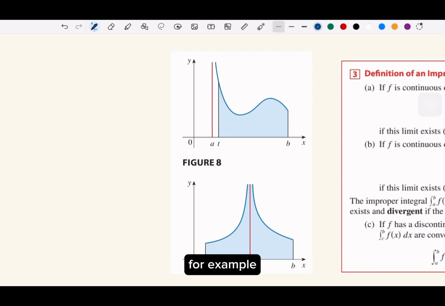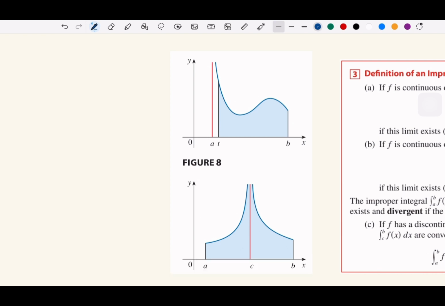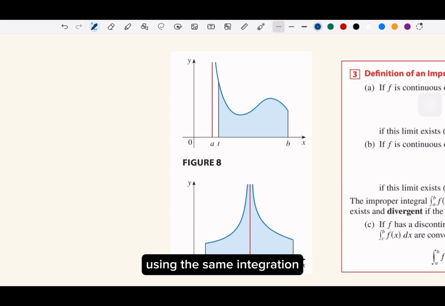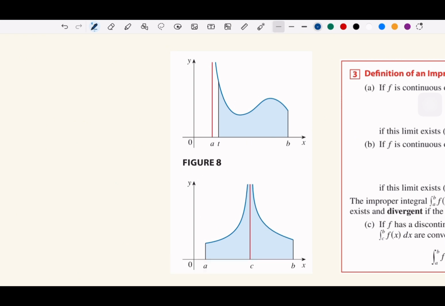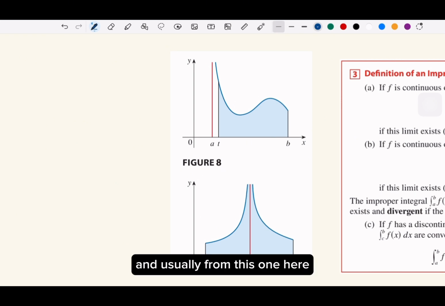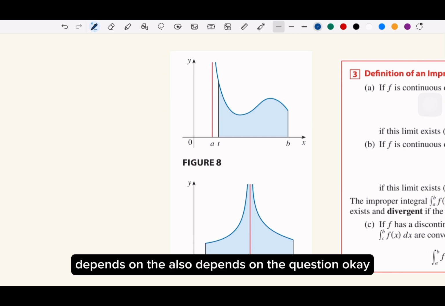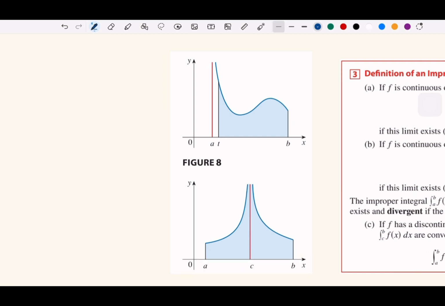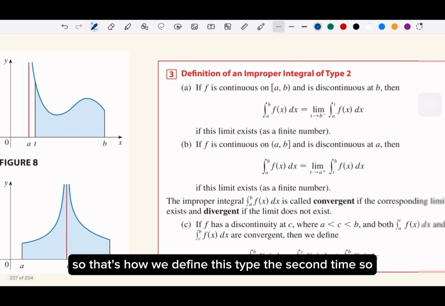For example, here we can take the limit as x approaches A from the right, use the same integration, and take the limit. That is basically what we are going to solve. For other cases we can take from the left or from the right, depending on the question. So that's how we define the second type.